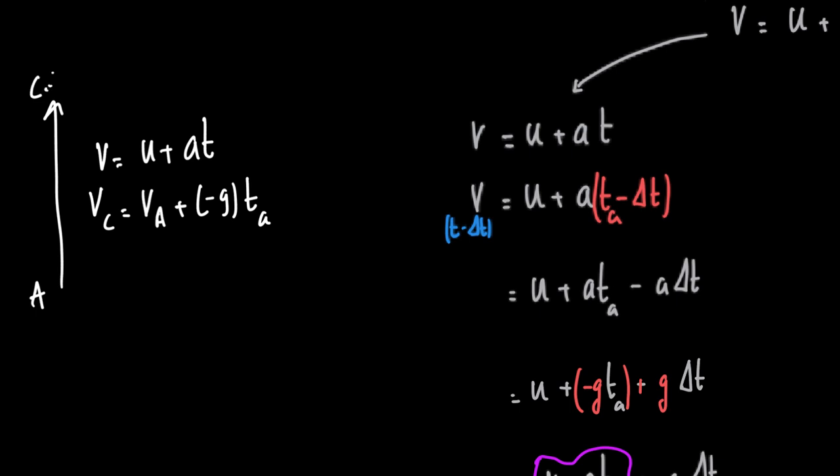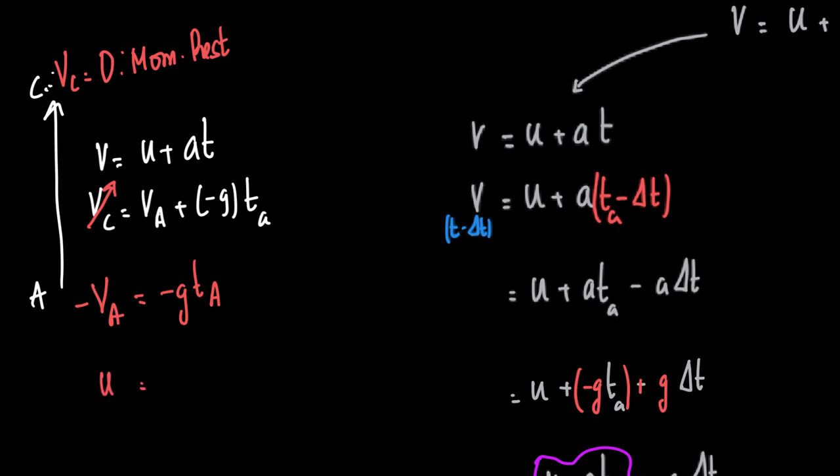At the maximum position, the velocity at C is equal to 0. Why? Because it is momentarily at rest. Therefore, VC is equal to 0, which gives us minus VA is equal to minus GTA, or VA, which we assumed here as U. So U is equal to GTA.